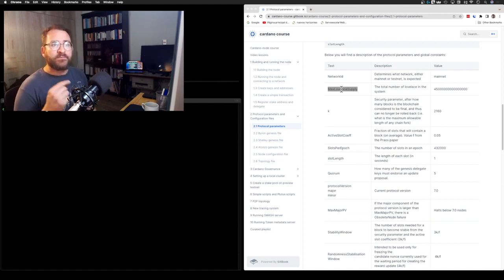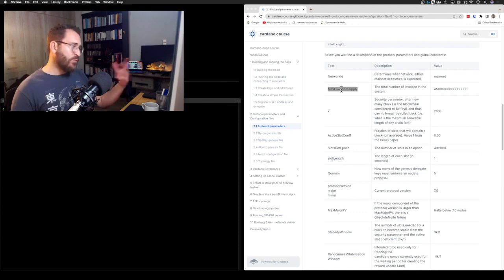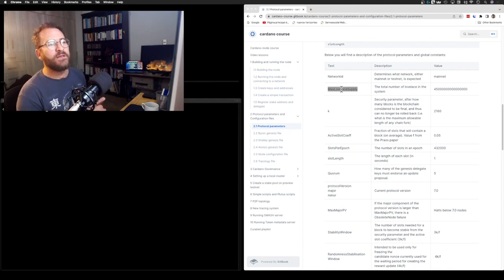And the difference between those roughly 35 billion that are circulating and the 45 billion that is the maximum supply is mostly either in the reserves or the treasury. There is some, of course, in a reward pot, but this is what completes the total number of Lovelace in the system.